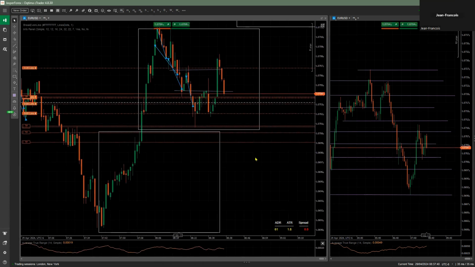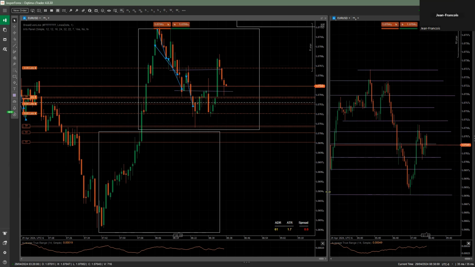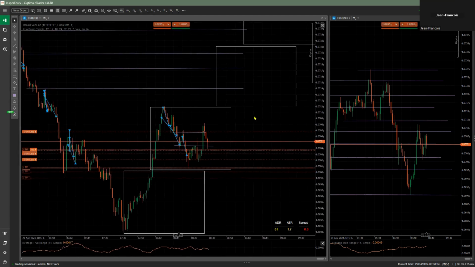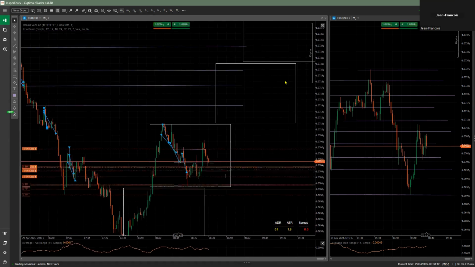Right. Bottom of the hour. Typically we'll have a pullback right around here. All right, that may have been it, and maybe it continues.